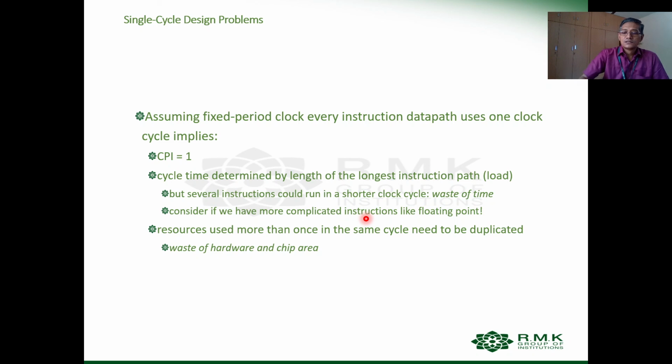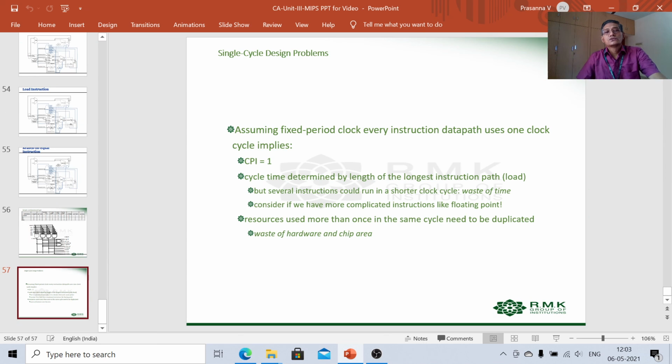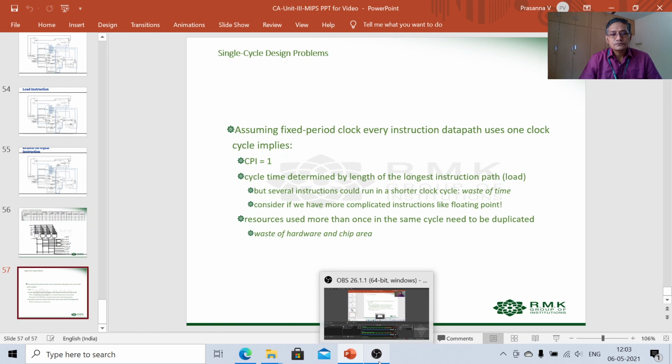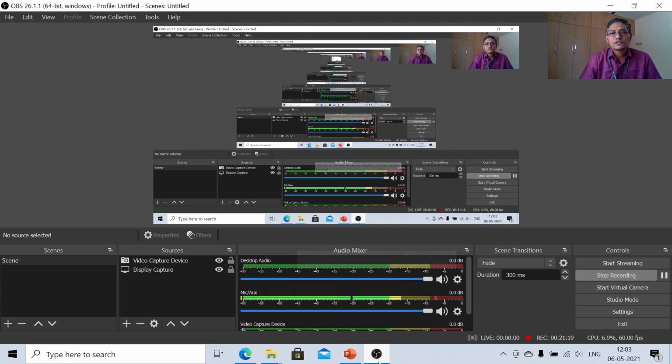This is the major disadvantage of the single cycle data path. With this we have completed the building of the data path for MIPS architecture using single cycle.